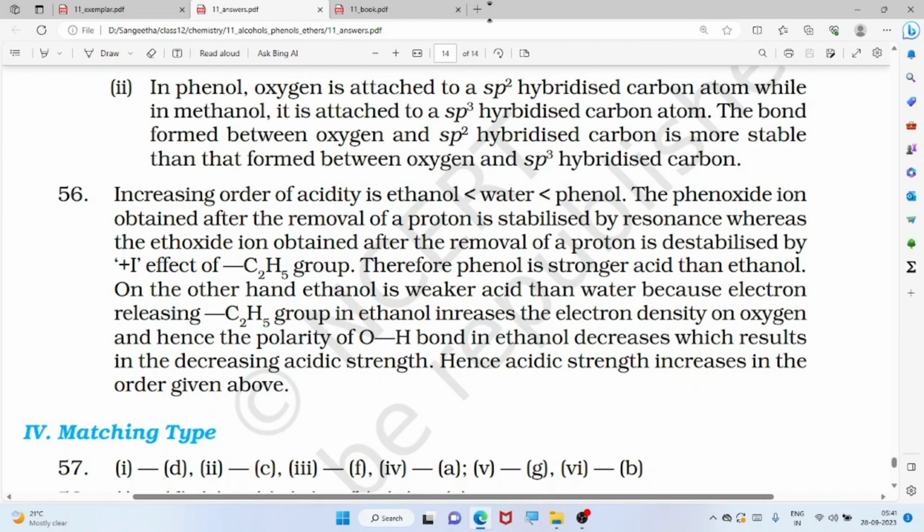The phenoxide ion obtained after removal of the proton from phenol is stabilized by resonance, so it is more stable and phenol is more acidic. But here in alcohol, this is an electron releasing group. Okay.